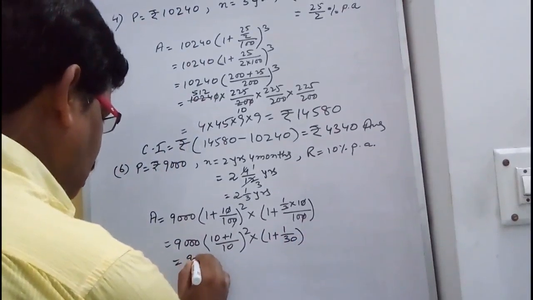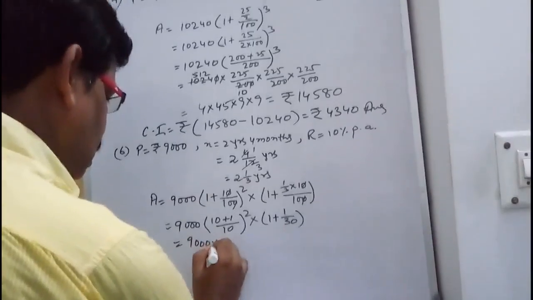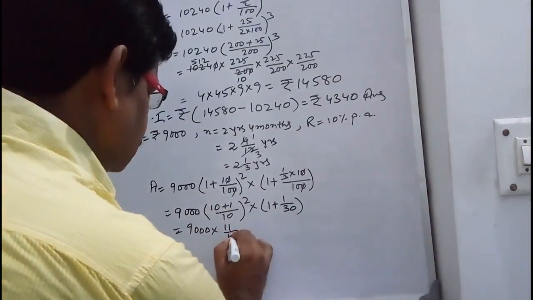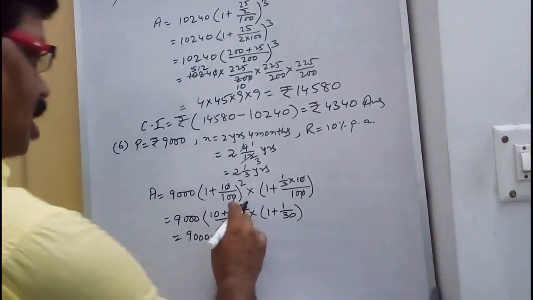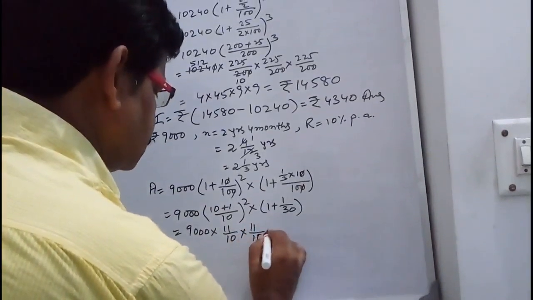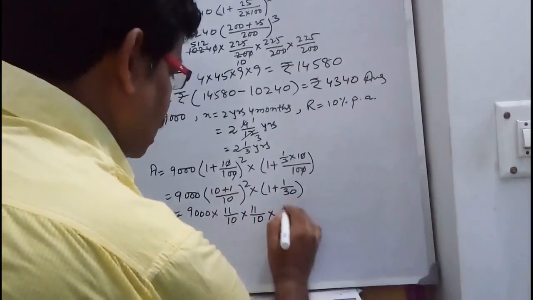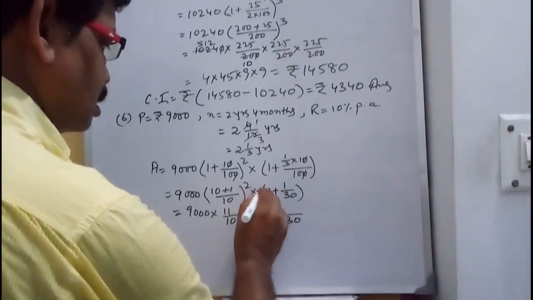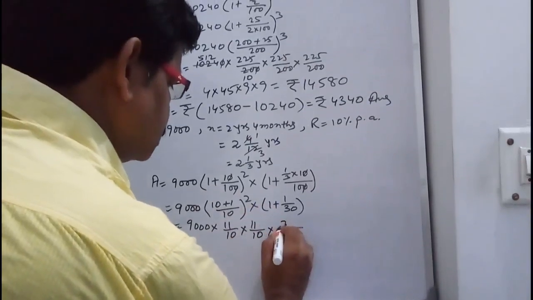So 9,000 into 11 by 10, as power is 2, so you write it 2 times, into 30 plus 1, 31.